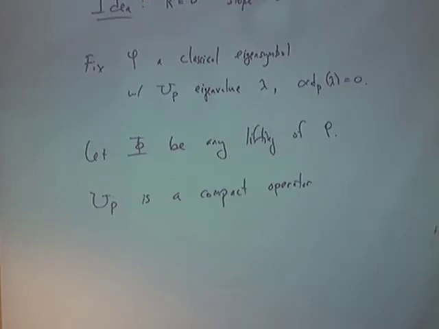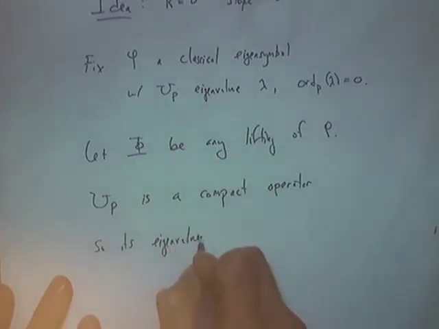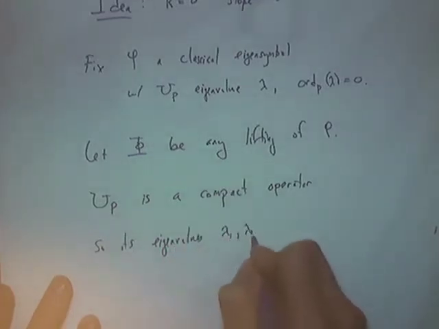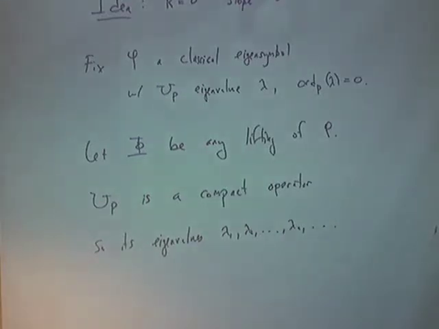So its eigenvalues, lambda_1, lambda_2, lambda_n, some sequence of eigenvalues, are tending to 0, so that means their p-adic valuations are tending to infinity.